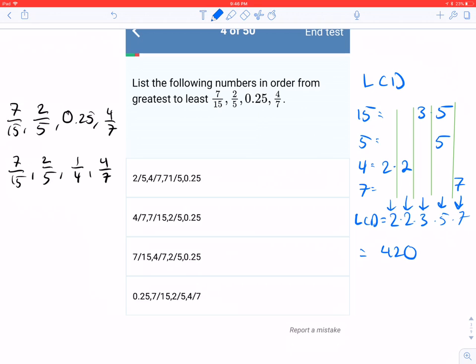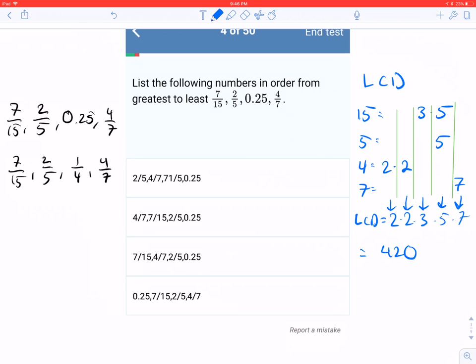Okay? Yeah, 420 should be our LCD. Okay? Just know that the 420 is the 2, 2, 3, and the 5, and the 7, okay?